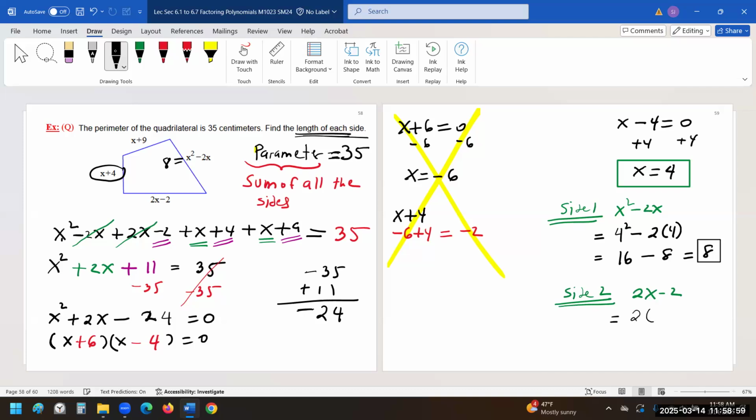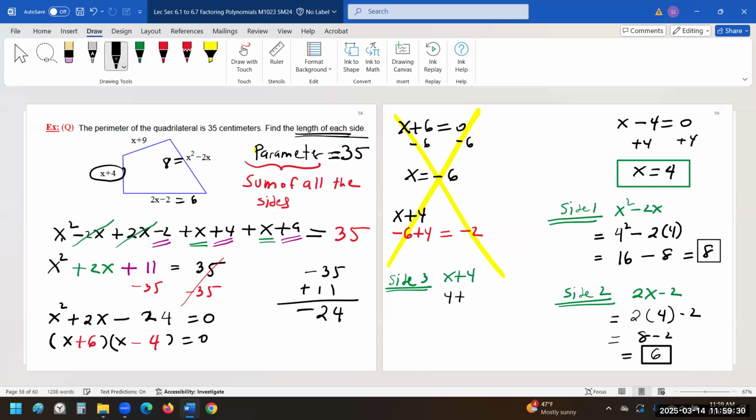So we have 2 times 4 minus 2. 2 times 4 is 8, and 8 minus 2 is 6. So this side is 6. Next we go to side number 3, x plus 4.